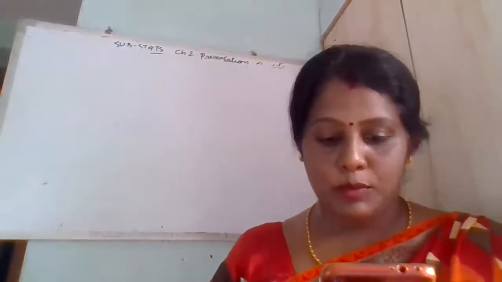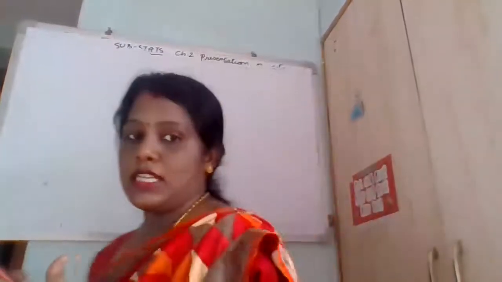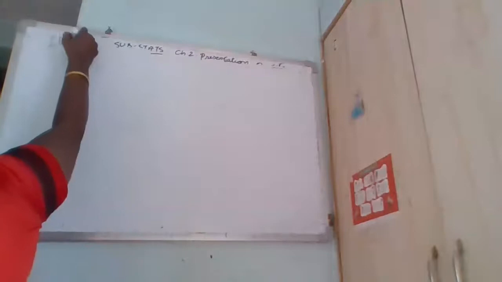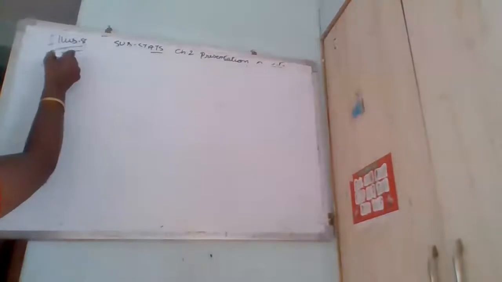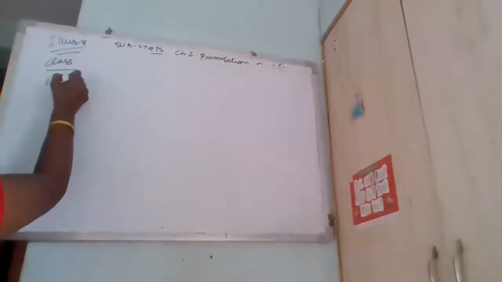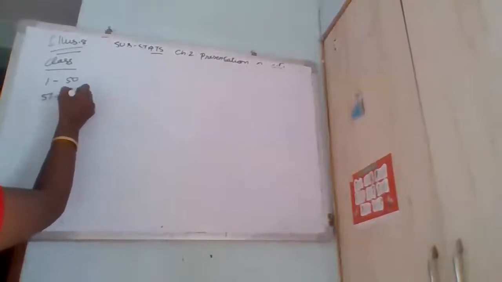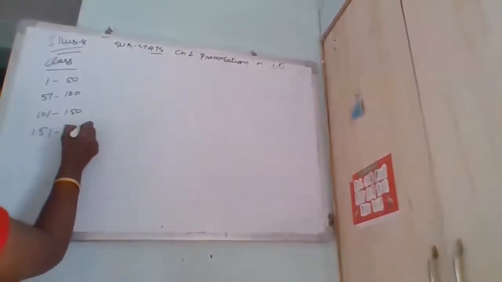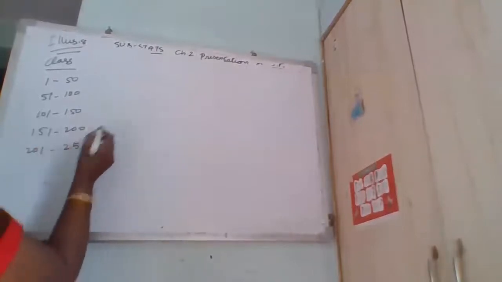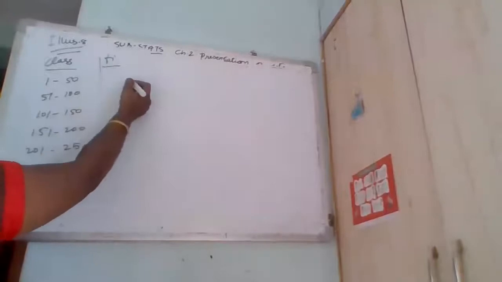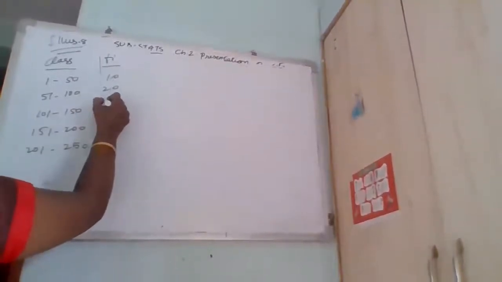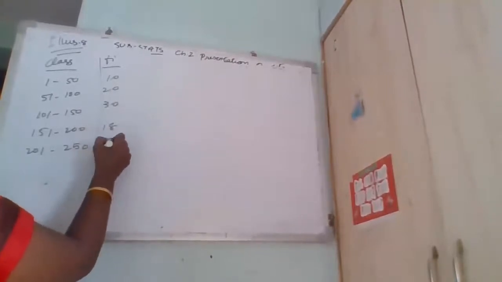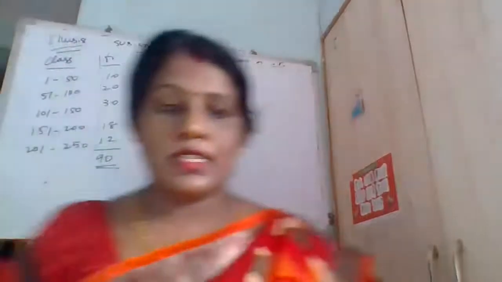Obtain less than type and more than type cumulative frequency distribution from it. So this is our question.